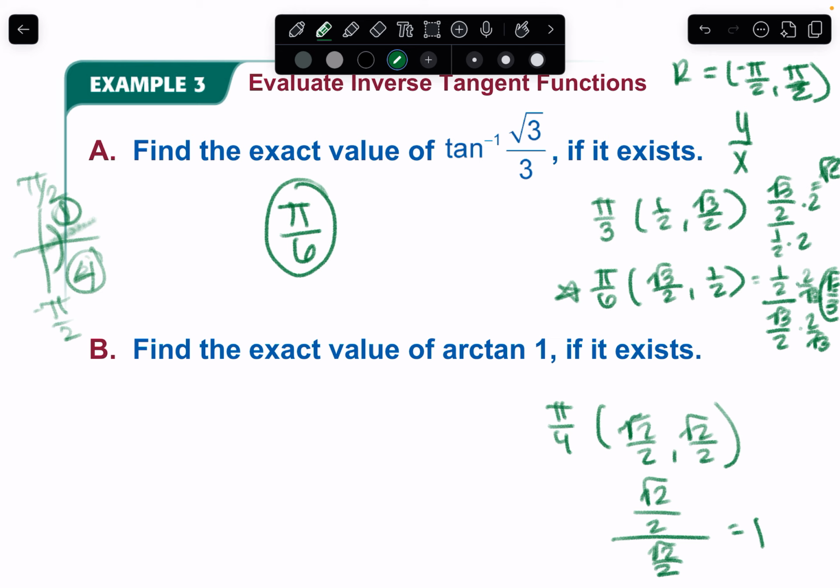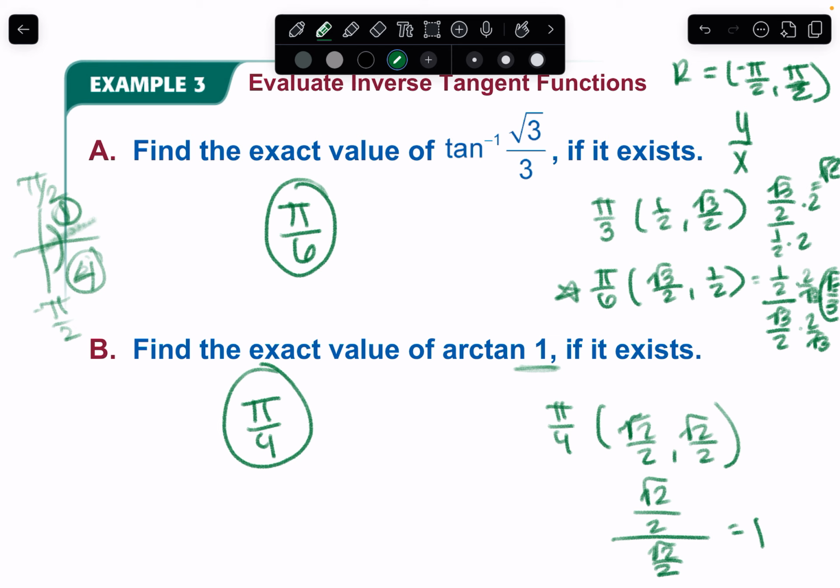If I were to have looked at quadrant 4, tangent is negative because it would be a negative divided by a positive, which is going to give me a negative. And this is specifically asking for you to find a positive 1. So tangent is positive 1 at pi over 4. So that is it for examples 1, 2, and 3.